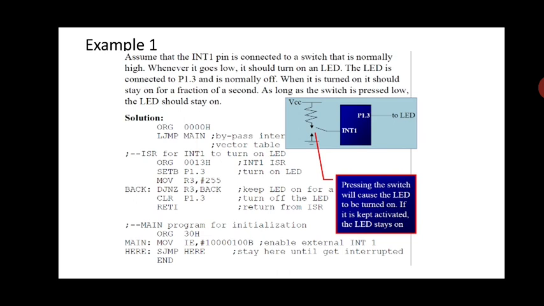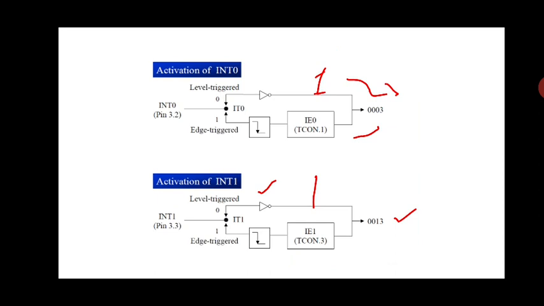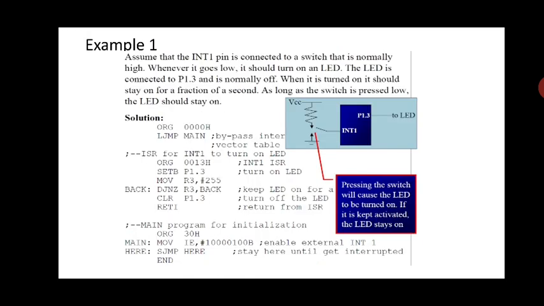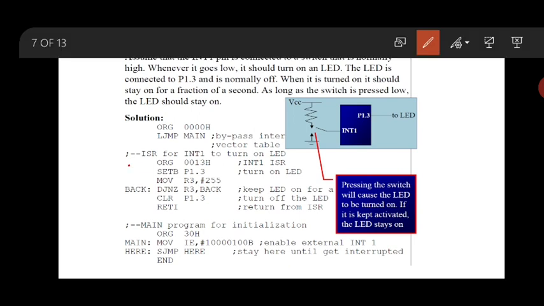Now, when INT1 is turned on and an interrupt occurs, immediately it will go to the interrupt location. Look at this one. What is the location of INT1? 0013. I hope you can see ORG 0013 here, which means my subroutine program is written at location 0013.